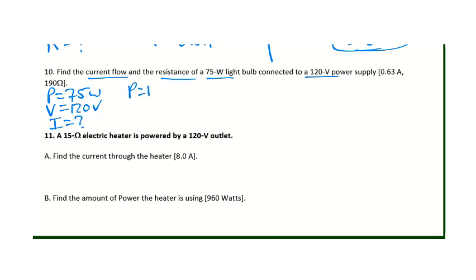P is equal to IV, power equation. I is equal to power divided by voltage, which is just going to be your 75 watts divided by your 120 volts. So go ahead and type that in your calculator. And you do get 0.625 amps.